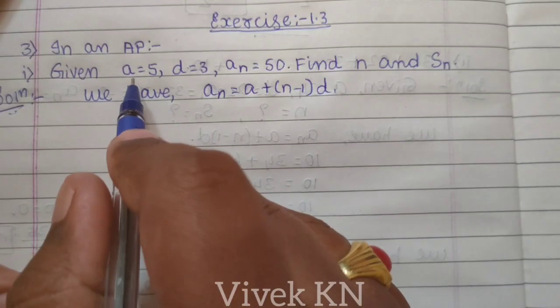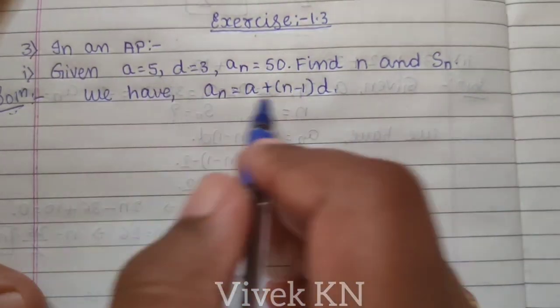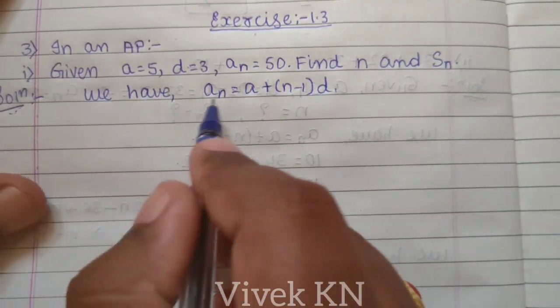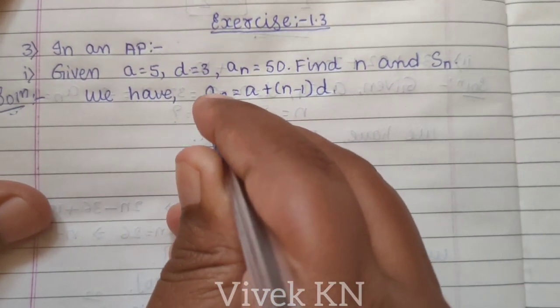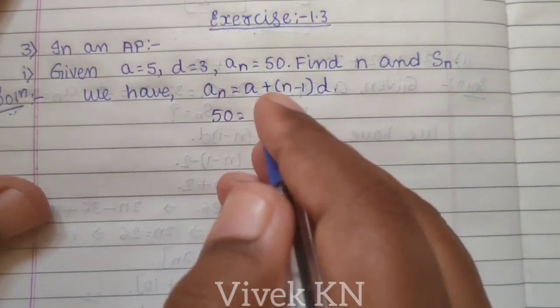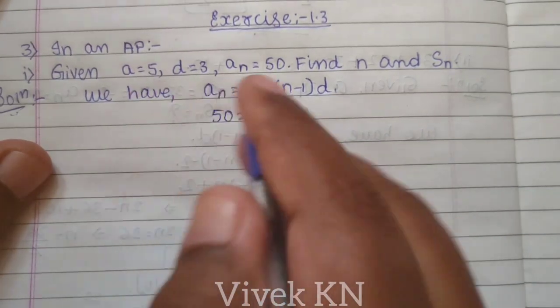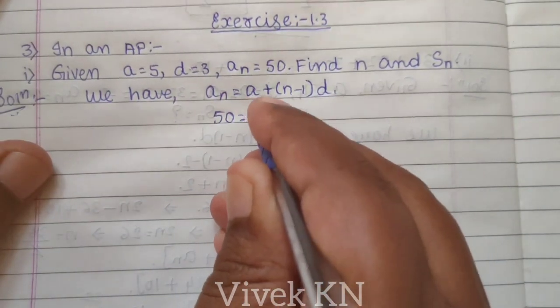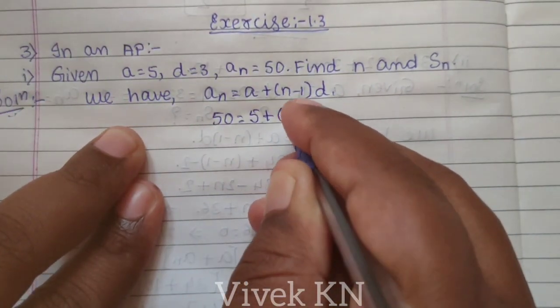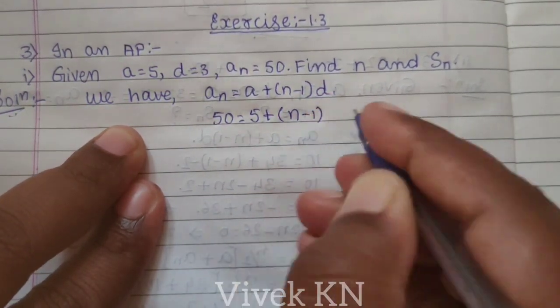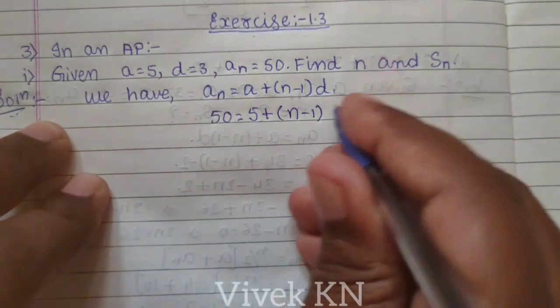Now let us substitute all these values into this formula. The value of an is 50 is equal to the value of a, 5, plus (n minus 1) into the value of d, 3.